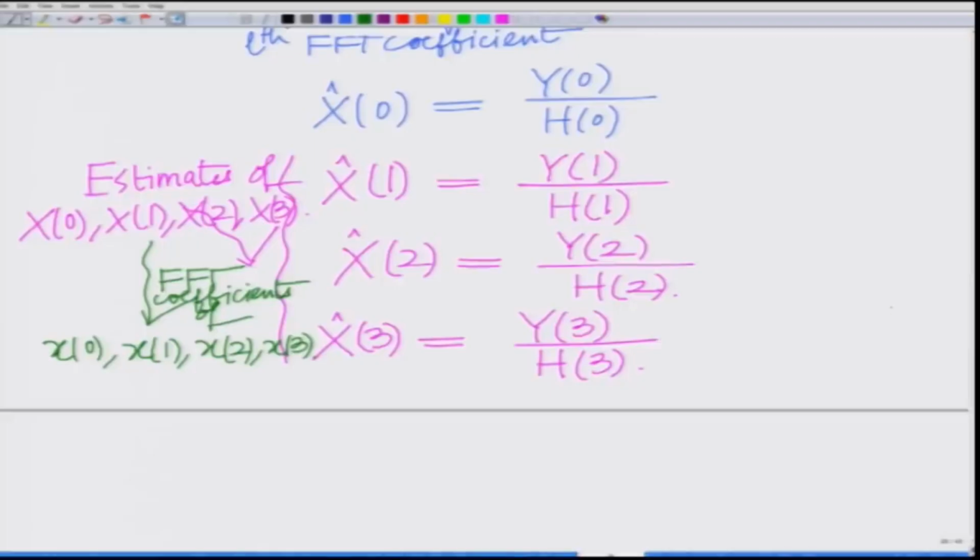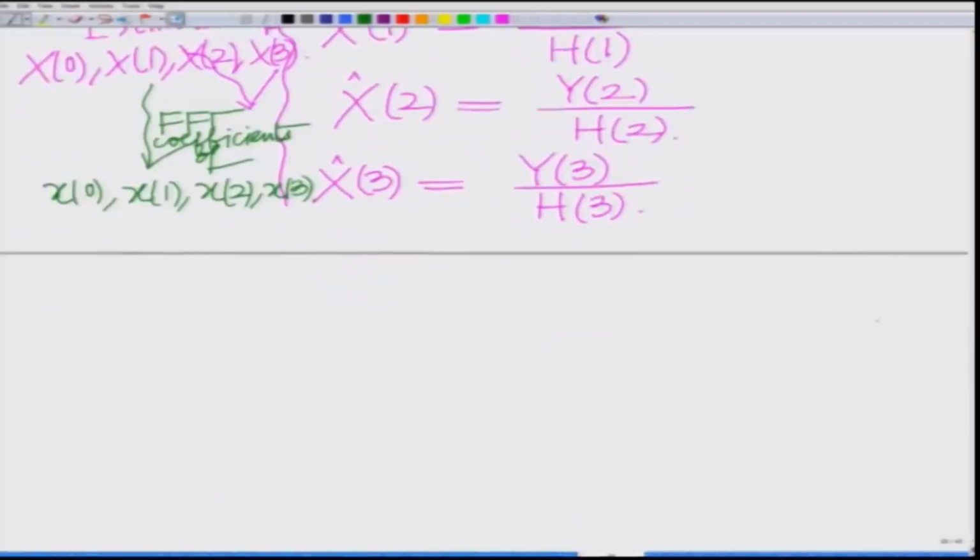alright. So, naturally, because the capital X's are the FFT of the small x's, the small x's are the IFFT.